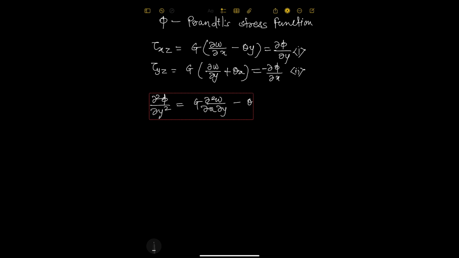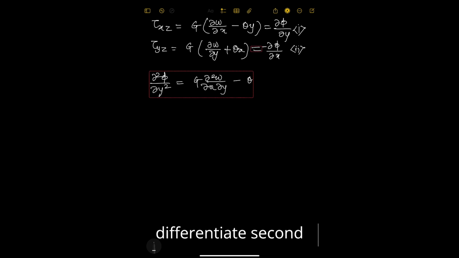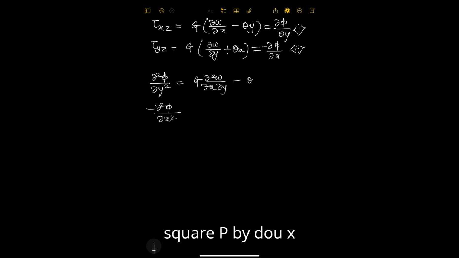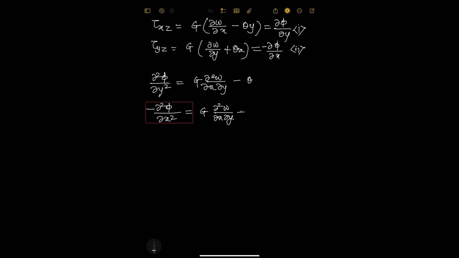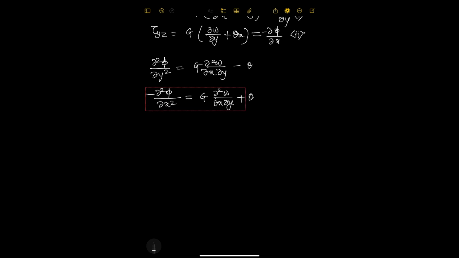And if we differentiate the second equation with respect to x, then dou square phi by dou x square is equal to minus G into dou square w by dou x dou y plus theta.